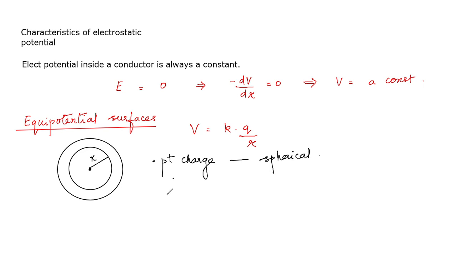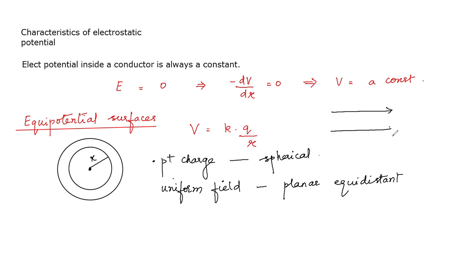Is that clear? Whereas if it is a uniform field, the equipotential surfaces are going to be planar. They are going to be planes that are equidistant from each other and perpendicular to the field. For example, if this is the field, this is going to be the equipotential surfaces. Whereas for a point charge, the equipotential surface is going to be spherical in nature.